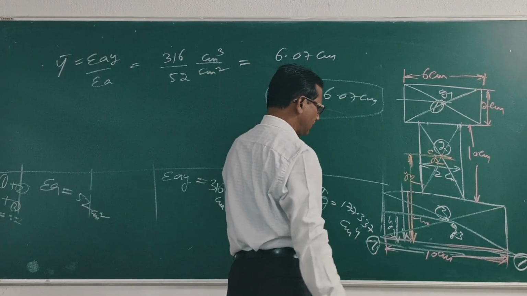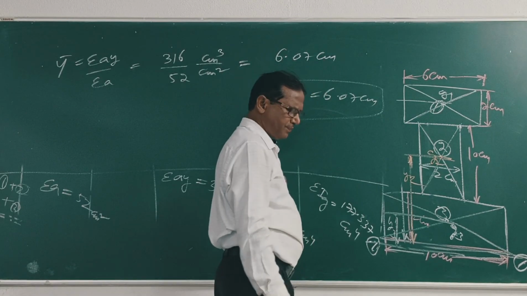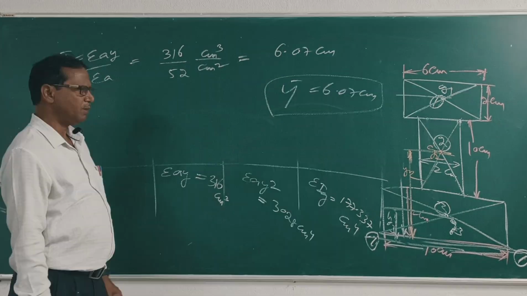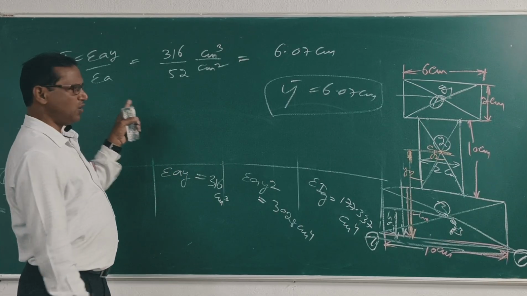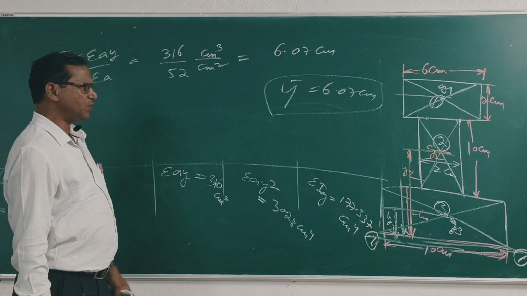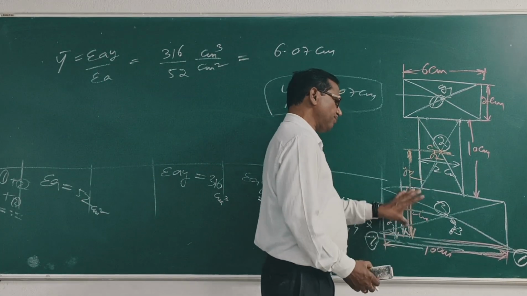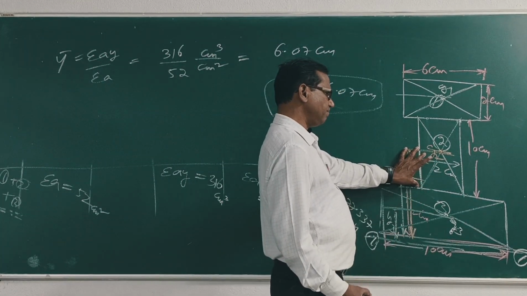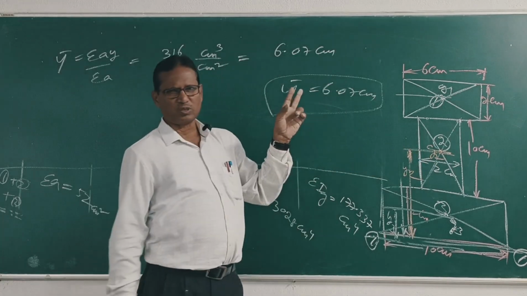Now first locate the G. Clear? This is y bar. Y bar means sigma A y by sigma A. So where is y bar? This is 2 cm, this is 5 cm, 7 cm. But y bar is 6.07 cm.